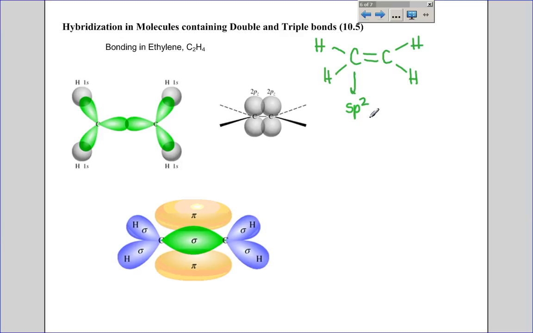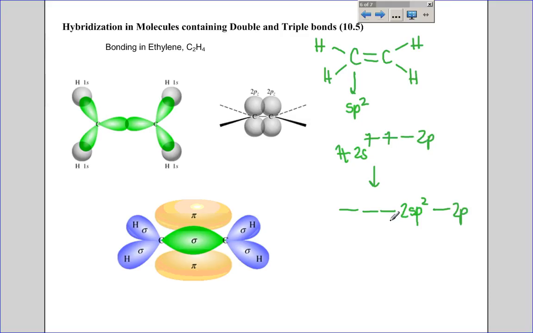Now, as you know, there are 3 p orbitals. So when we hybridize and have sp2 hybridization, what we have left are 3 sp2 hybrids and an unhybridized p orbital.